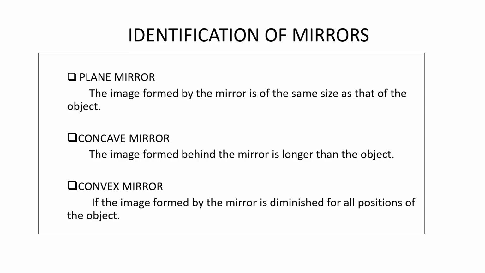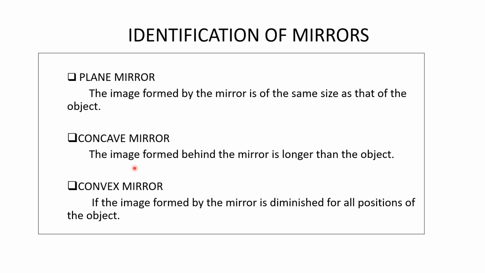Next is the identification of mirrors. By observing the images produced by a mirror for different positions of objects, the nature of the mirror can be easily identified. The focal length of a spherical mirror is independent of the medium in which it is present. When the image formed by the mirror is of the same size as the object, it is said to be a plane mirror.